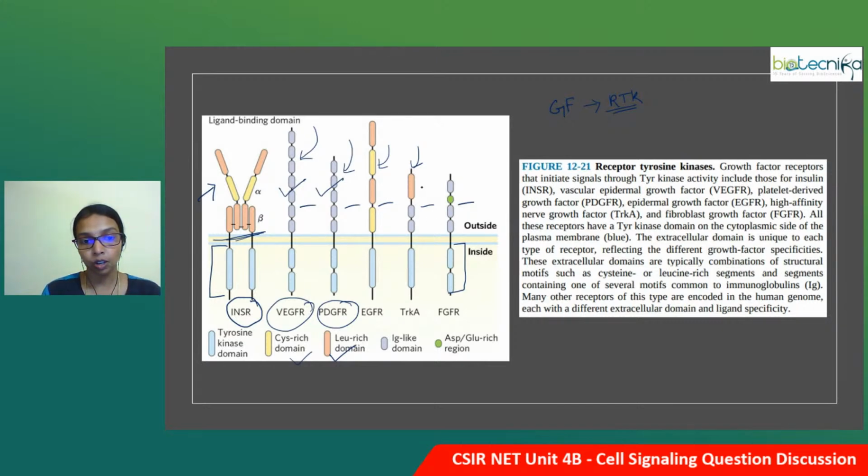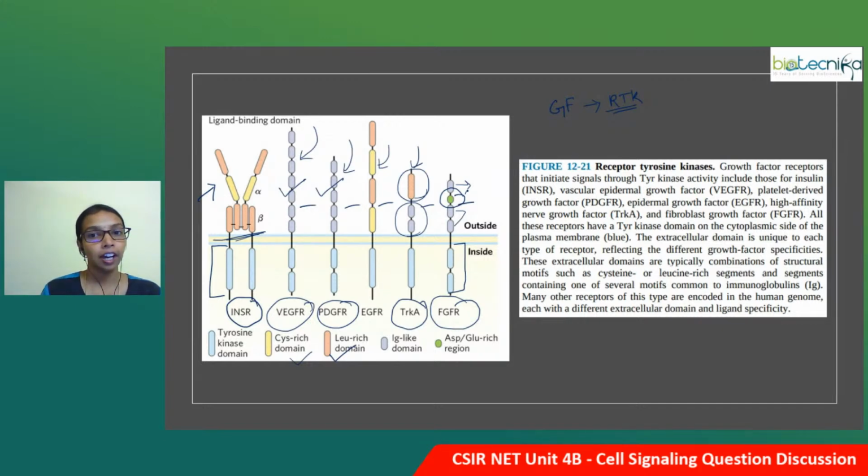In this case, you are having leucine along with the immunoglobulin domain, that is your nerve growth factor receptor. And if you take the case of fibroblast growth factor, you will be having a combination of aspartate or glutamate rich region along with the immunoglobulin domain. So that is the difference among different receptors in the RTK pathway.